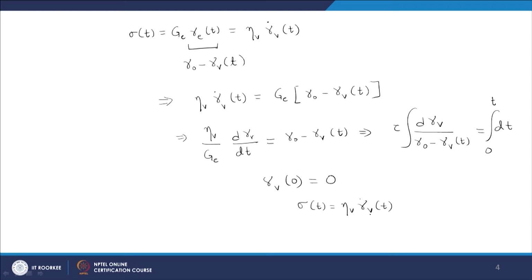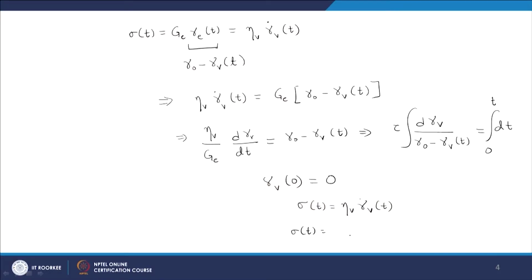At time t equal to 0, we start with no extension, we get a shear rate that will take some time to develop some shear in the material. So, in the very beginning there is no shear. On the other hand, for the elastic element, as soon as we apply the stress, you get the strain in the material. In the case of a liquid, by application of a stress, we get a rate of strain or a rate of shear. So, the shear itself will take some time to develop.